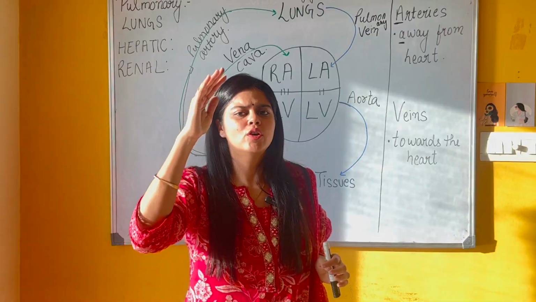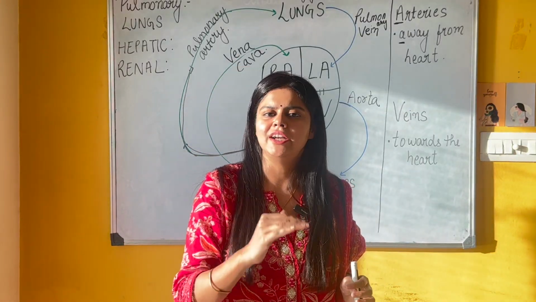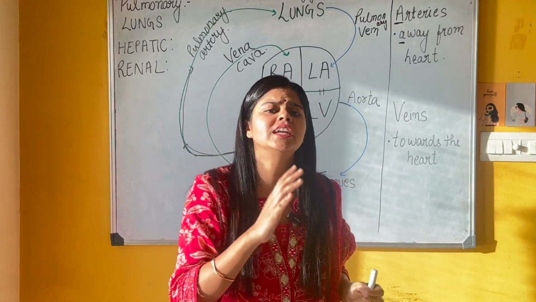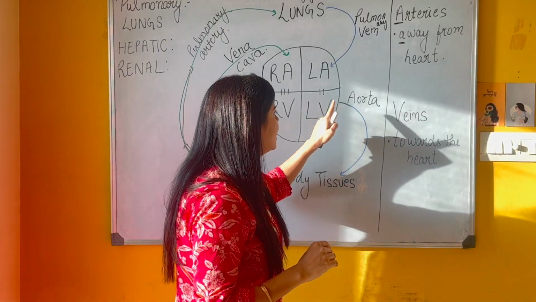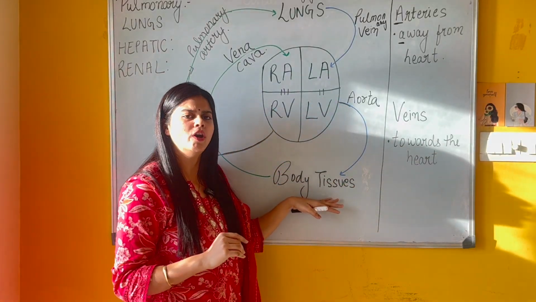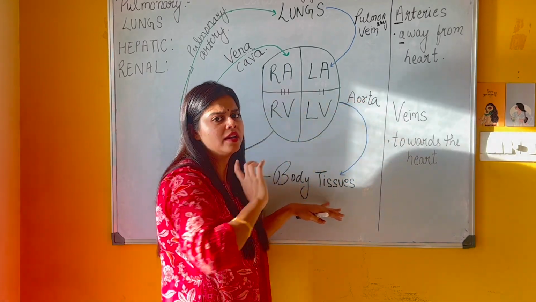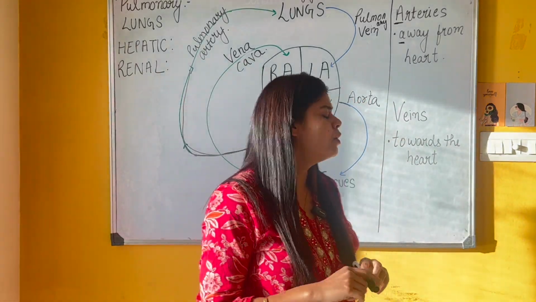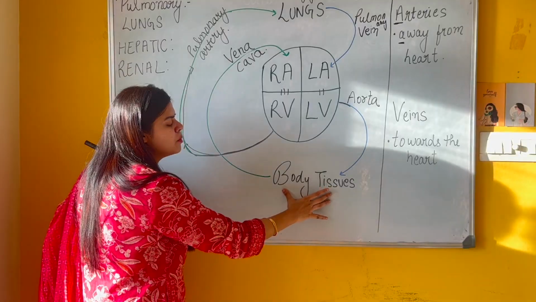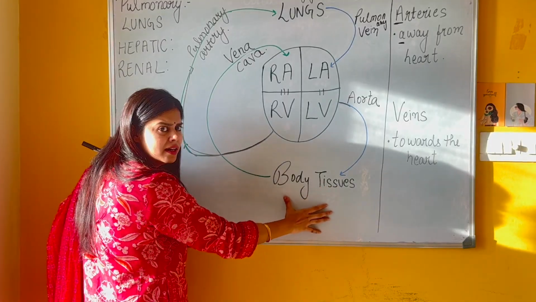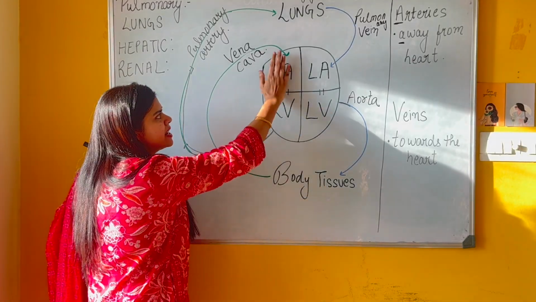Oxygenated blood from the left auricle will come down to the left ventricle. Now this oxygenated blood from the left ventricle is supplied to all body tissues by the biggest artery of your body, called aorta. Now deoxygenated blood from all the body tissues is collected by a vein and taken to which side of the heart?